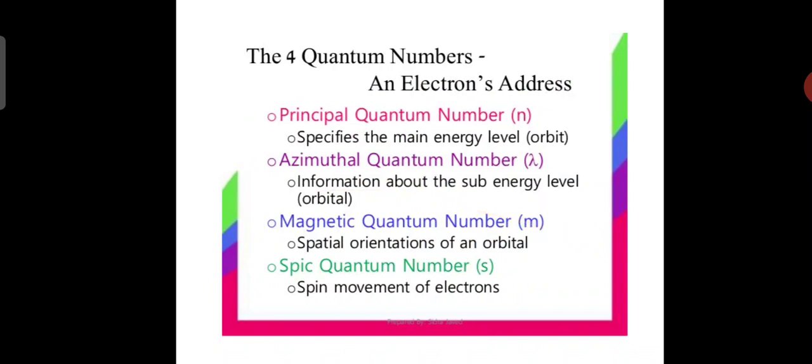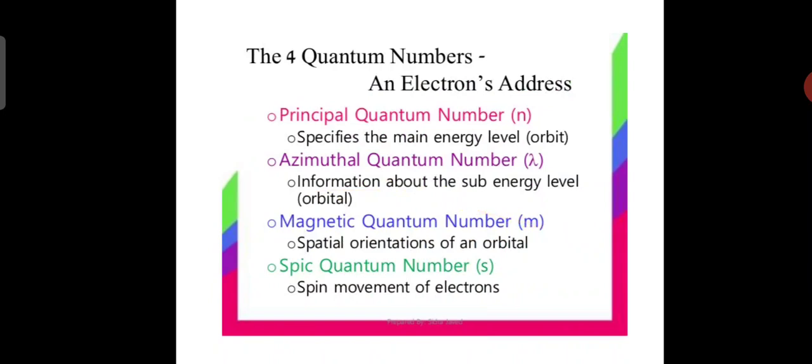And then we have the azimuthal quantum number. This represents what you call the city. No? So, mayroong city. So, nakatira yung isang tao. Ganun din yung sa electron naman, katumbas na is the azimuthal quantum number. Next, we have the magnetic quantum number.